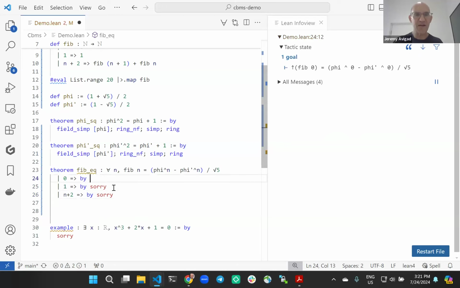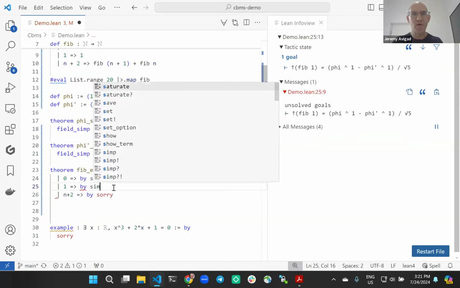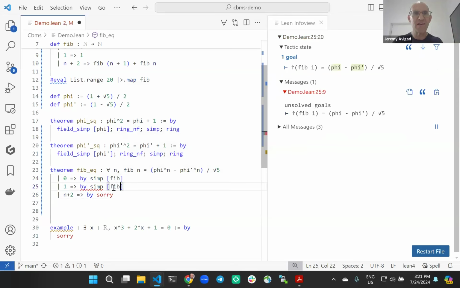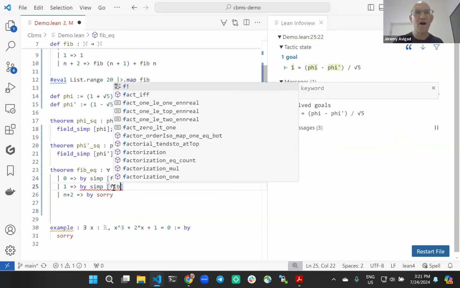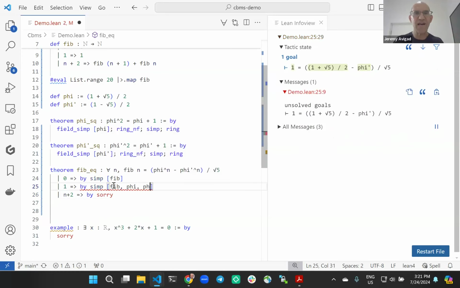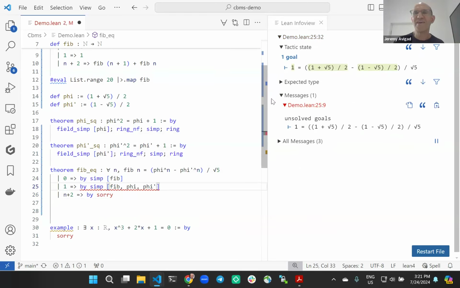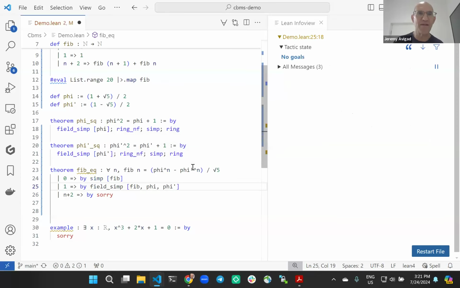So the 0 case, if I just tell it to simplify and unfold the definition of Fibonacci numbers, Lean can get that automatically. We can try the same thing here. Simp fib. Oh, but then we get the definitions of phi and phi prime. And then it's again now a calculation. So we may remember, okay, field simp does a little bit better. And so that got it.